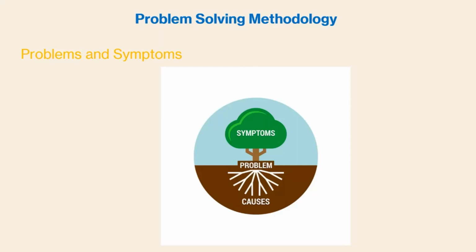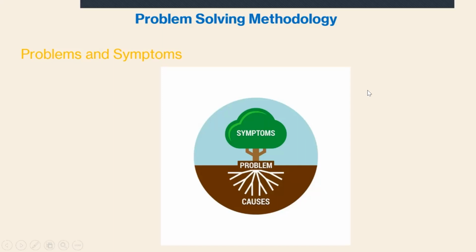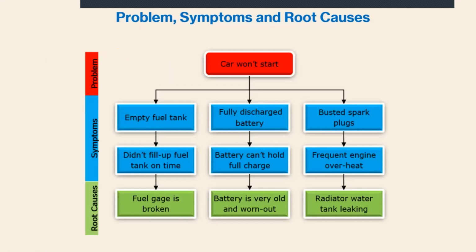Why? Because we have not found the root cause of the problem. So in order to solve a problem, we have a structured methodology. It's called the 5 why method.